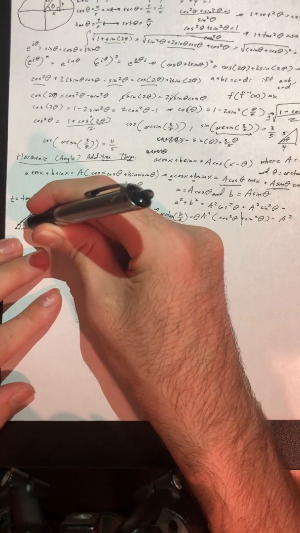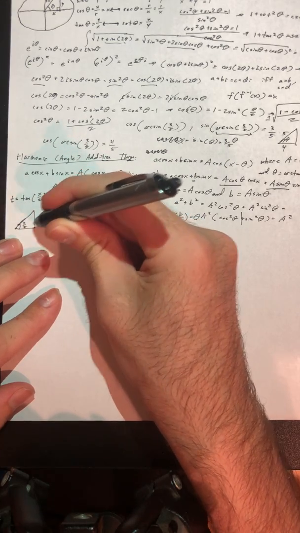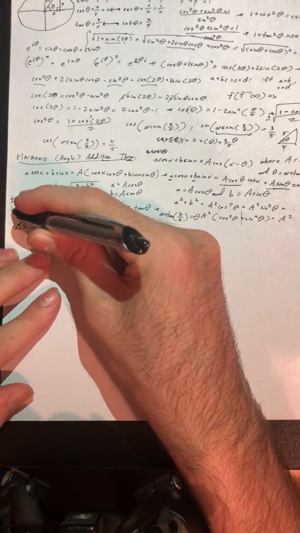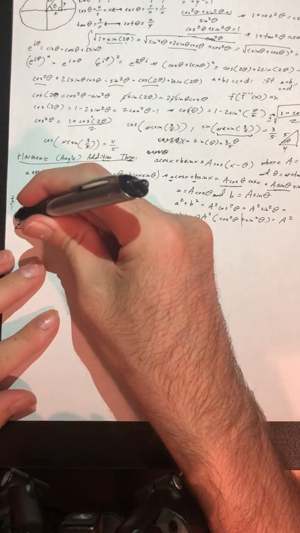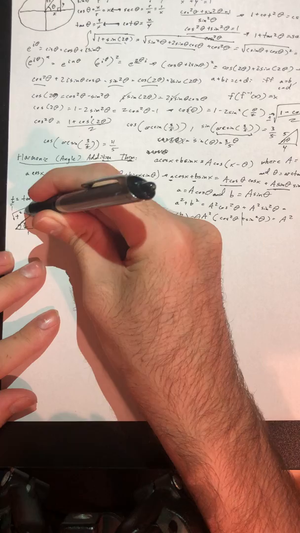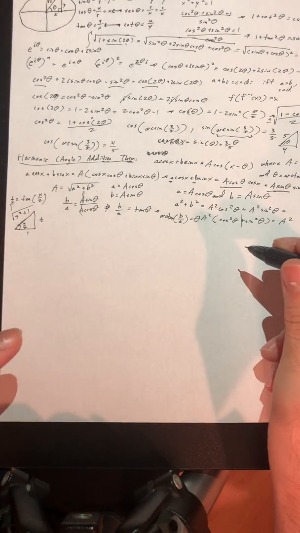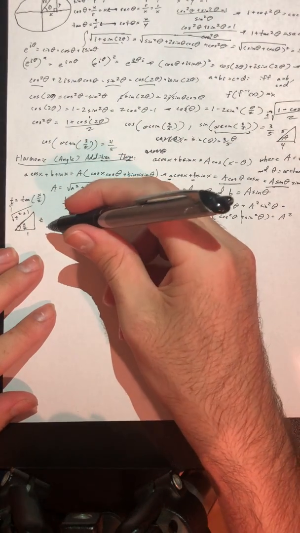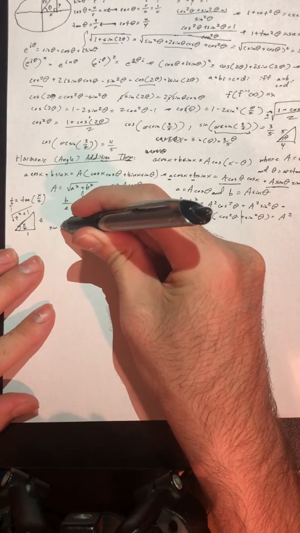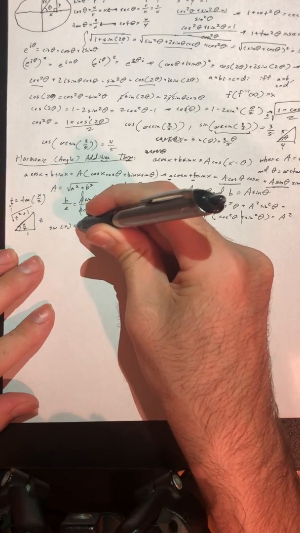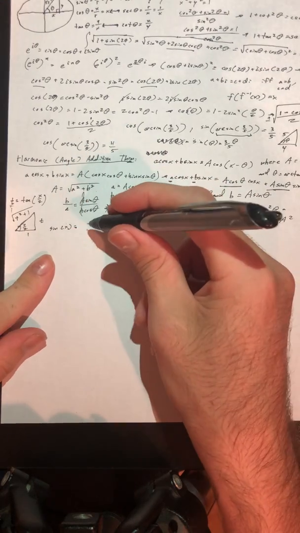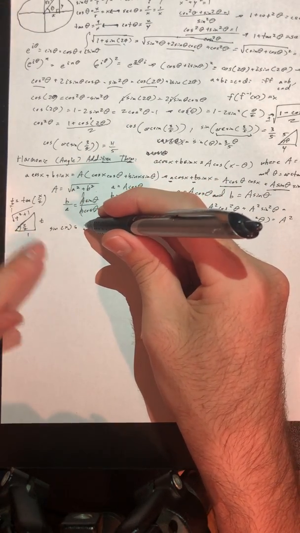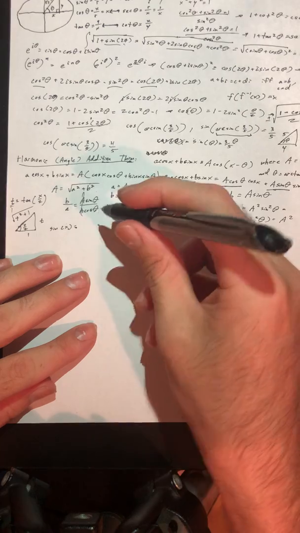So this angle here is x over 2. So this is t, this is 1 because tangent, right? It's really t over 1. So this is the square root of t squared plus 1. So sine of x is equal to 2 sine x over 2 cosine x over 2.